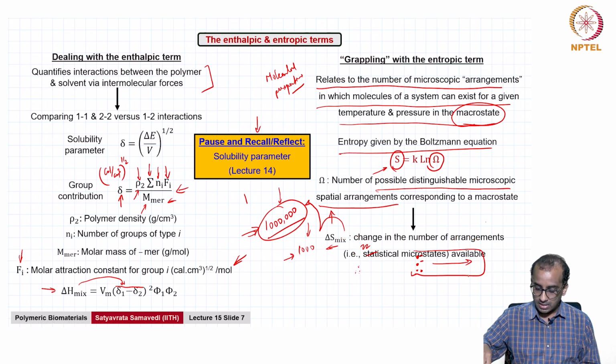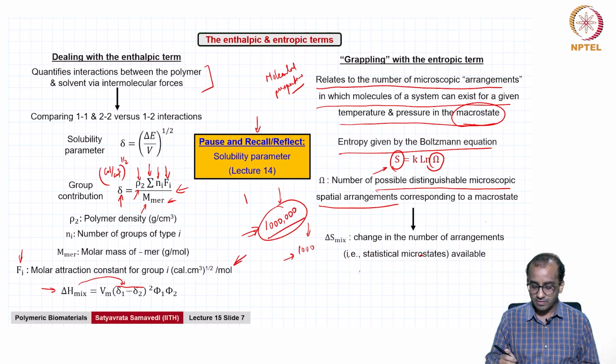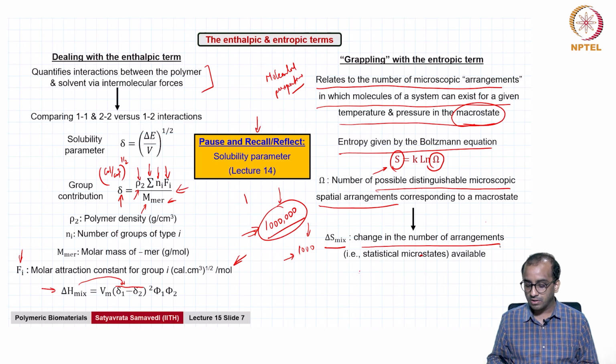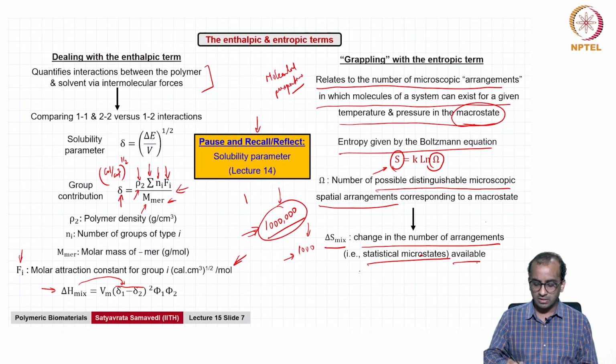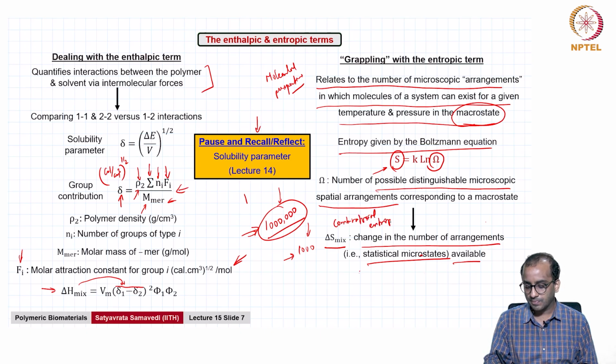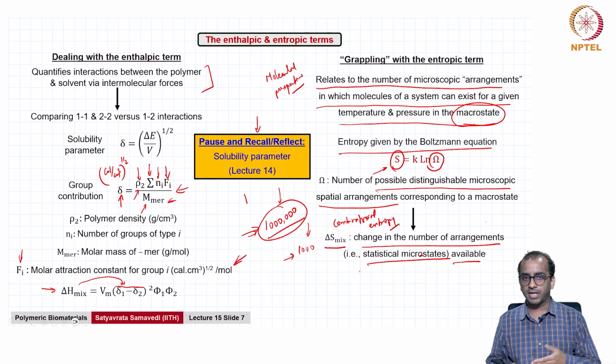And here we see that entropy change for mixing has to do with the change in the number of arrangements, or the microstates, or the microscopic configurations available for the system. This is also called combinatorial entropy, particularly in the case of mixing.